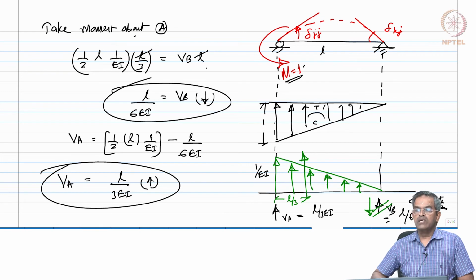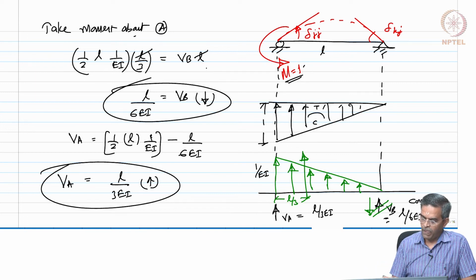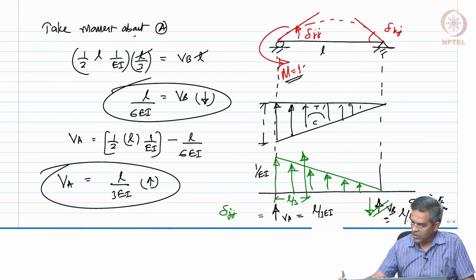Now, as per the conjugate beam effect, these will be the displacements. Okay, these will be the displacements. So, I can straight away say they are going to be, I can write here, this is going to be del Jj and this is going to be del Kj.